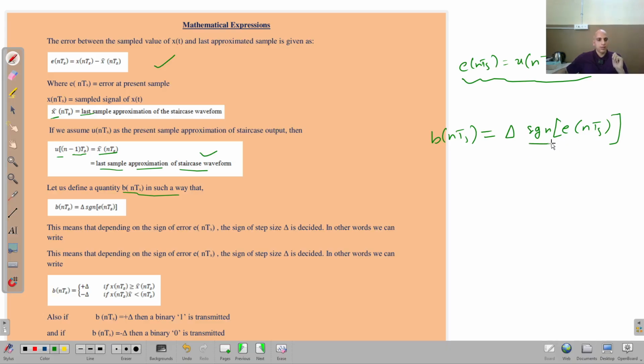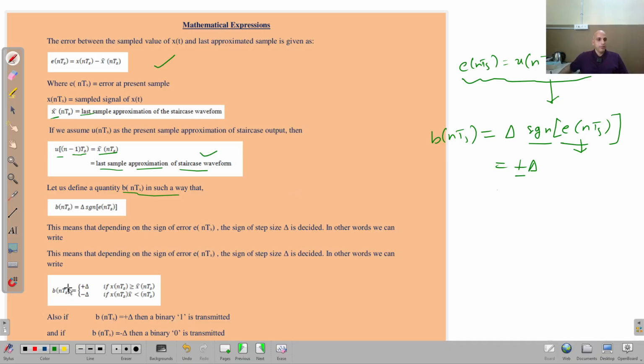Sgn stands for signum. Signum means this function is going to be either plus delta or a minus delta. It is a sign changing function that changes the sign of whatever difference we got. It generates a sign according to that. That's why we are calling it a signum function. So b(nTs) is plus minus delta.